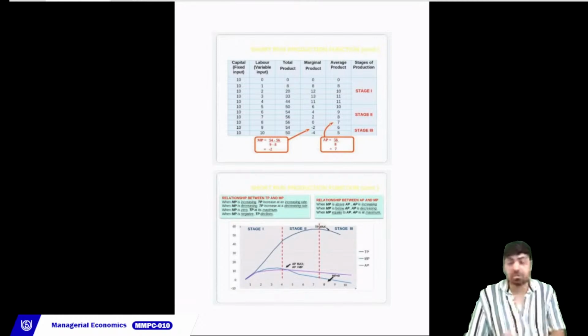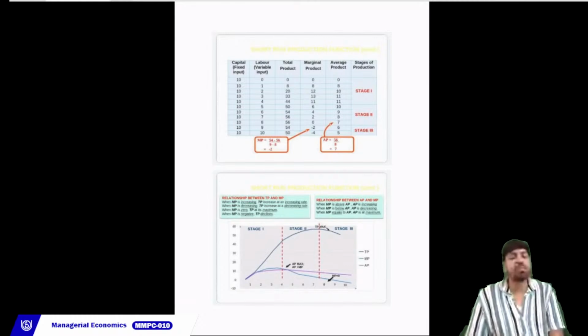If you see the values, I'll repeat once again, the marginal product initially increases slowly and then declines rapidly and reaches zero level of output, and thereafter it becomes negative. That's the shape of marginal product.